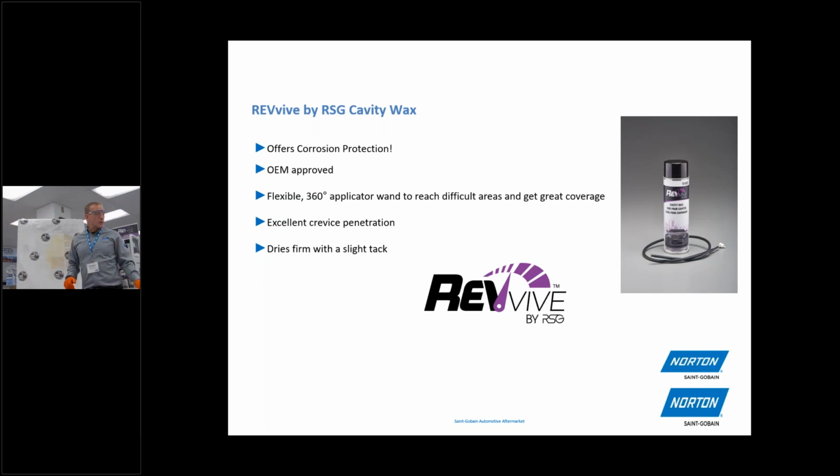On areas where you can't reach, you're going to use this 360-degree wand right here. I love this wand. I'll tell you why. This thing can be manipulated and it will stay to that contour. So let's say you're going into a quarter panel area and it goes up into a sail panel. You can bend and manipulate the wand so it goes up in there and then out.